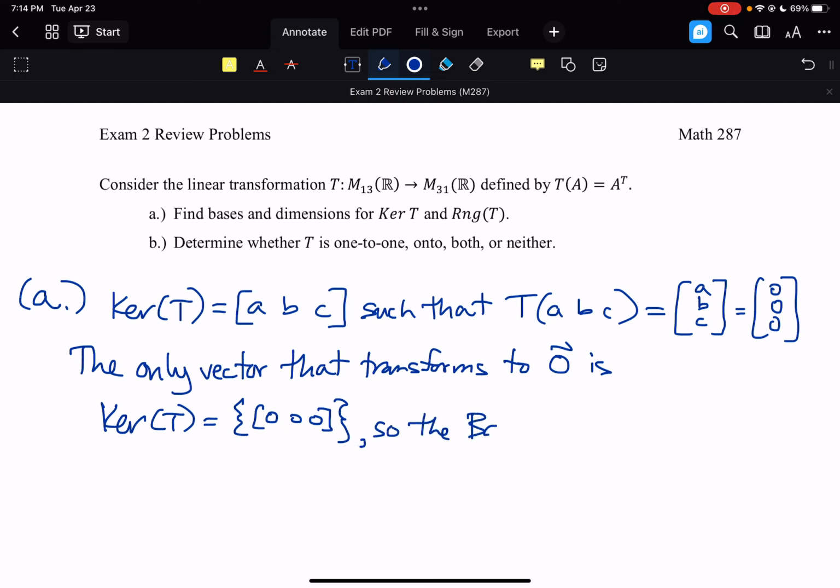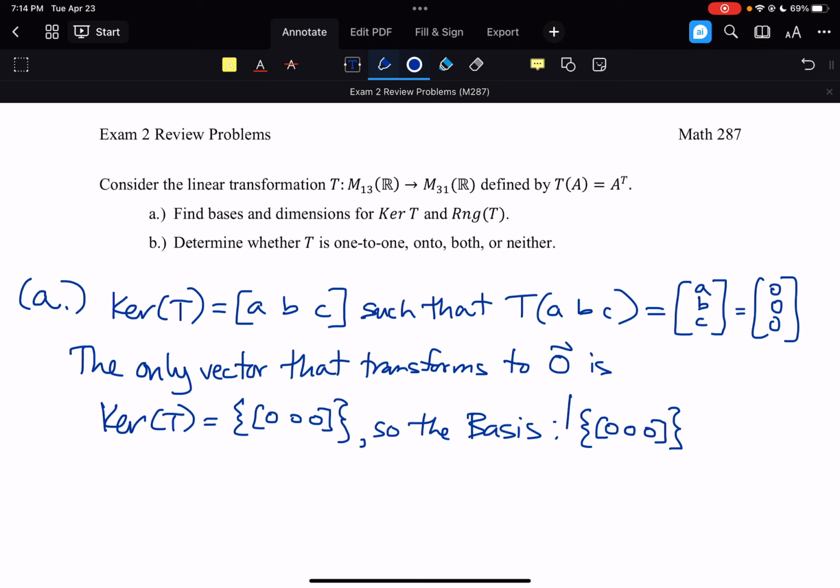So the basis is going to be the set of all vectors that are LI that span this, but it's just the 0 vector, so we just end up getting, again, the same thing. So this is the 1x3 0 matrix.